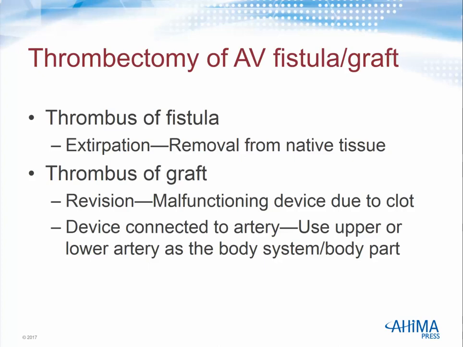Now they've got basically a complication of the fistula, which is a blood clot. And the root operation extirpation is used to describe the process of declotting tubular body parts within the circulatory system. Clots are considered an abnormal byproduct of biological function.